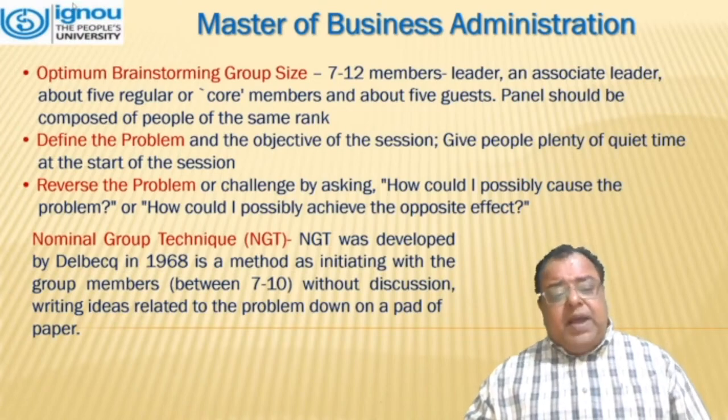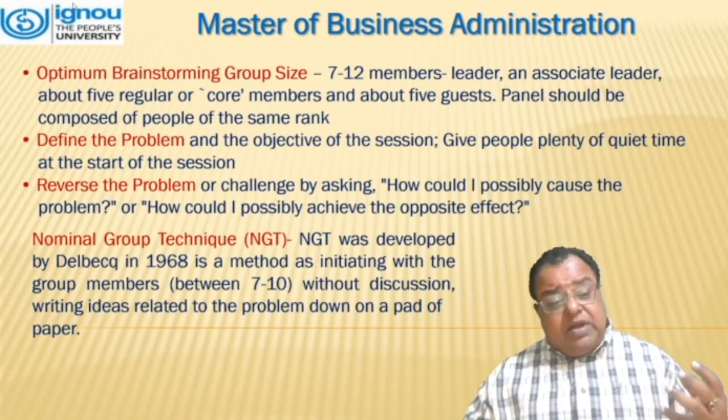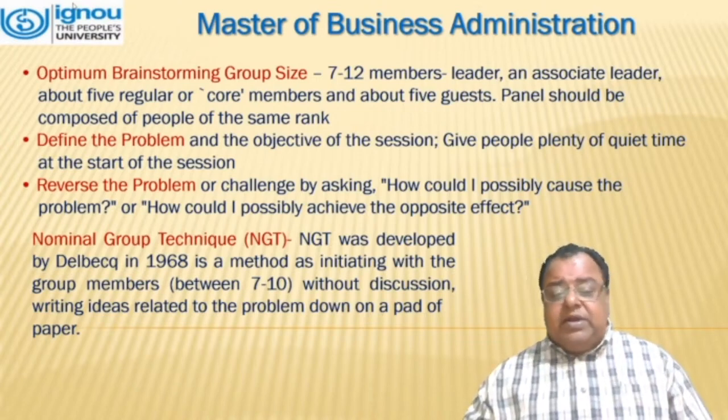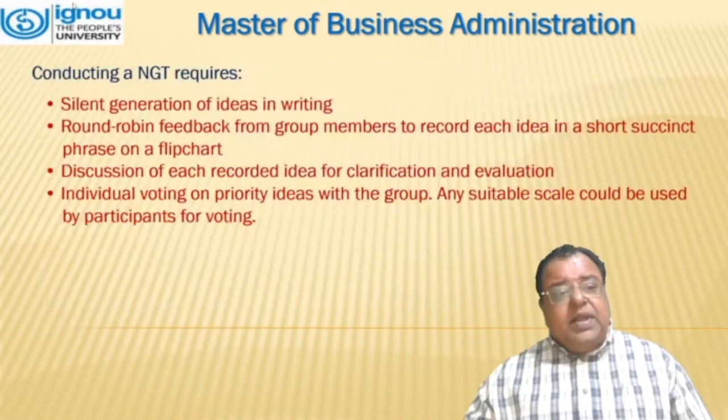It was developed by Delbecq in 1968, and it is a method initiated with group members, between 7 to 10, without discussion, writing ideas related to the problem down on a pad of paper.